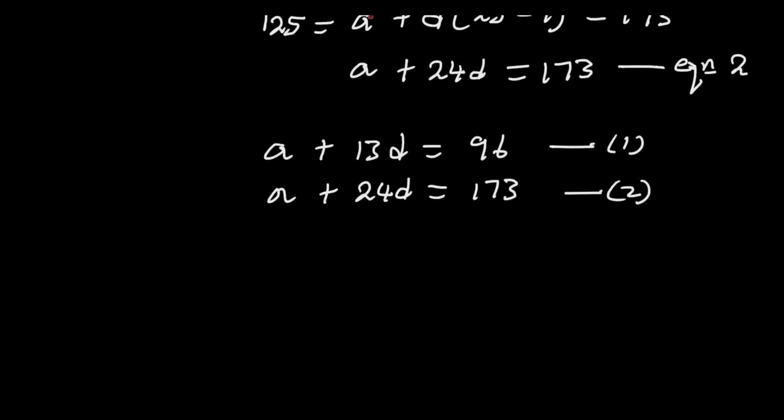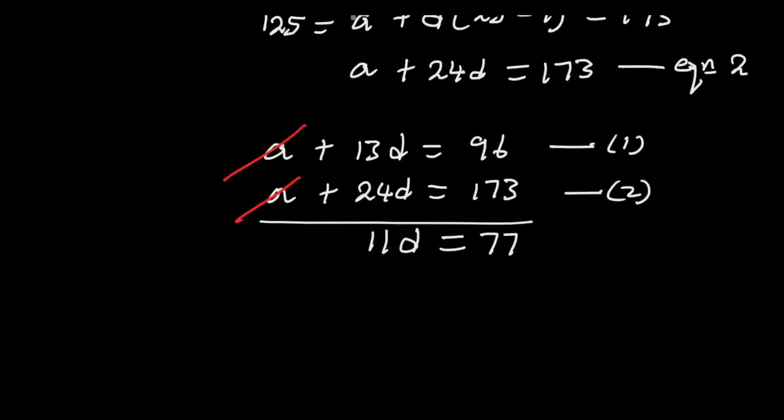Once that happens, a is out because a minus a is 0, and 24d minus 13d gives us 11d equals 173 minus 96, which is 77.